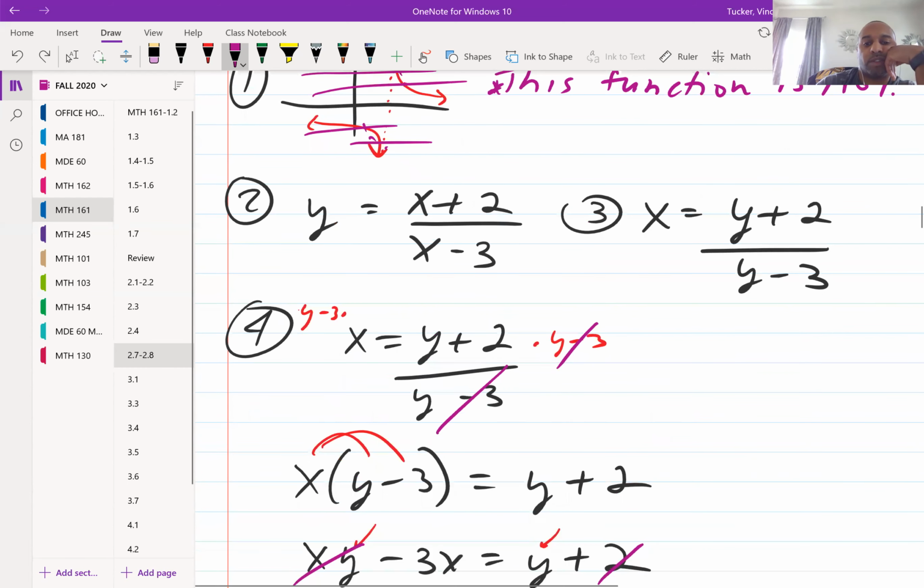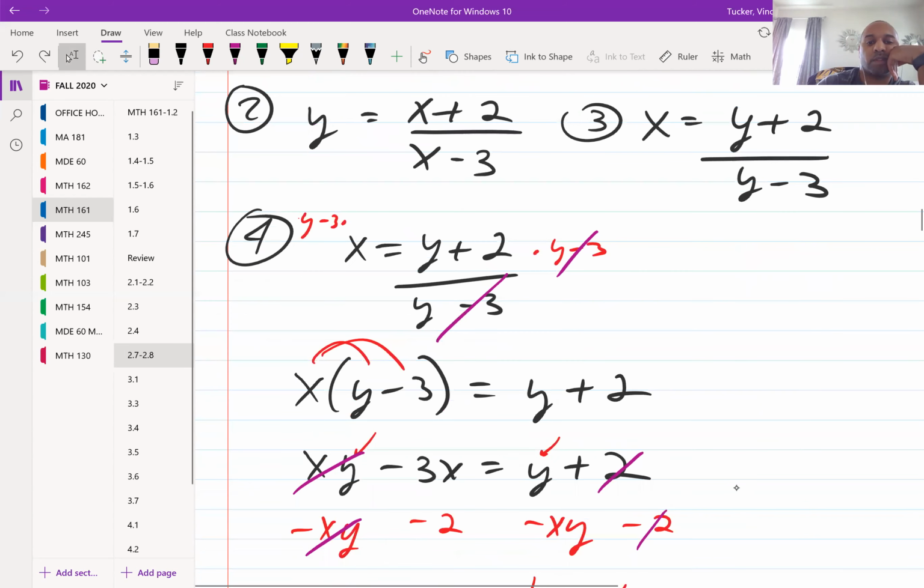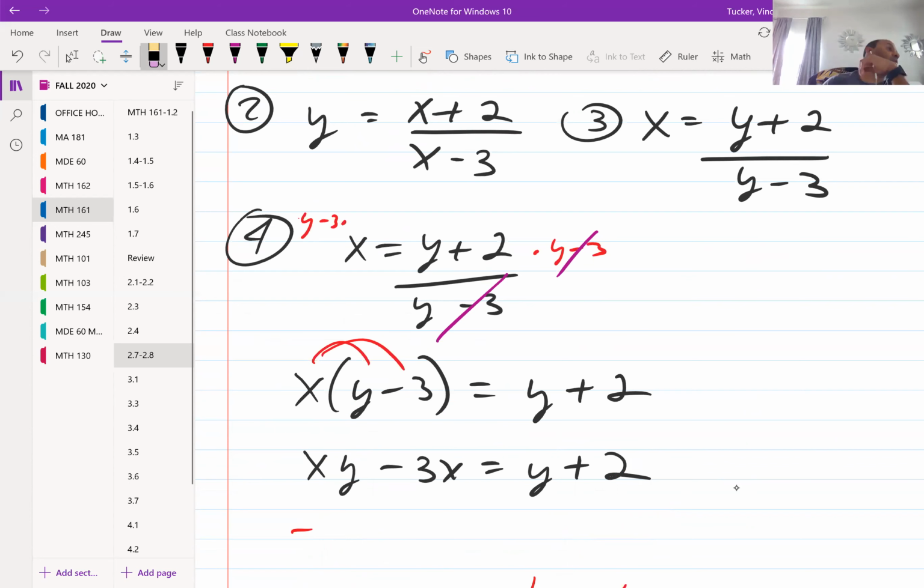Distribute x. So if you distribute x, you have x times y minus 3x equal to y plus 2.